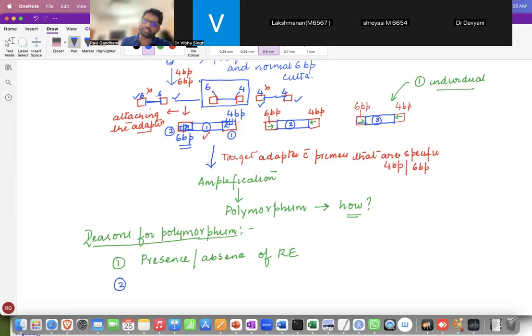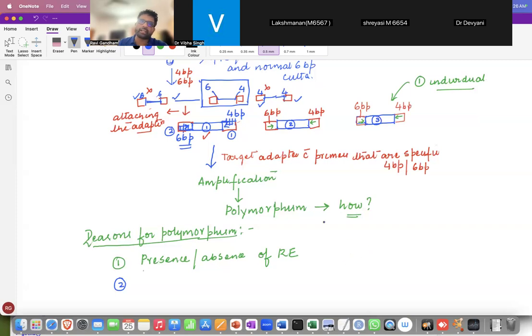See, if the RE site is there in one particular individual at this particular point in cutting this particular fragment, there may be a mutation at that region resulting in that particular fragment not being present or not cut in one individual and may cut in the other individual. Okay, and what next? The first one is presence or absence.